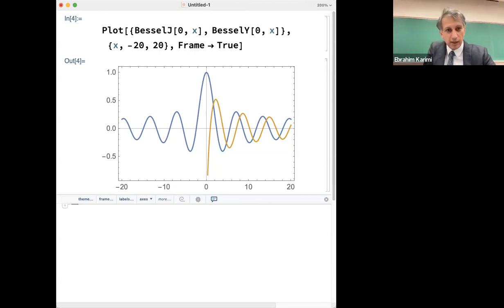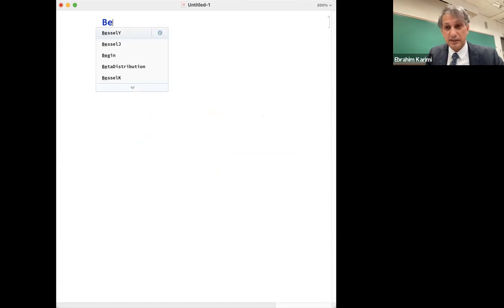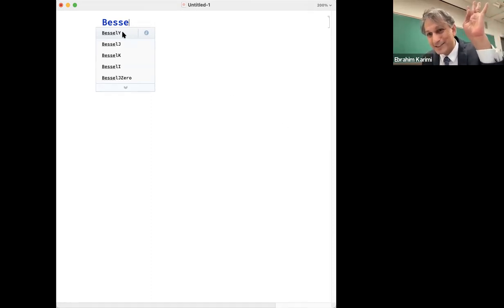So in Mathematica, I'm plotting this function. Mathematica in the core has Bessel functions. If you type Bessel, automatically three kinds will show up. The first is Bessel Y that I mentioned to you guys. These look like N in our calculation, the Neumann Bessel function, or Bessel function of the second kind.